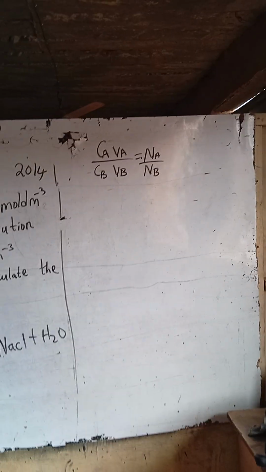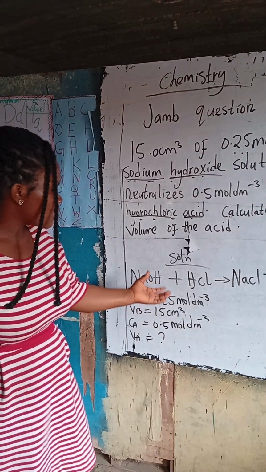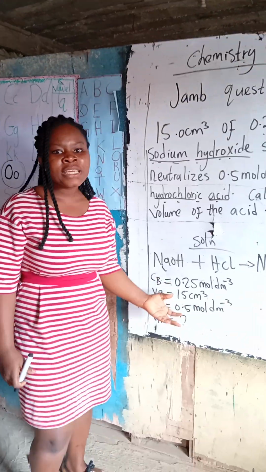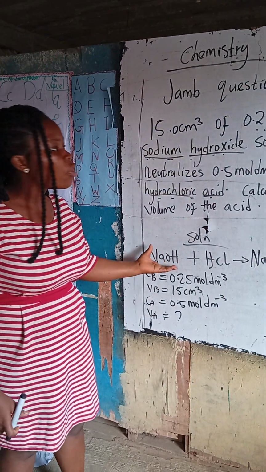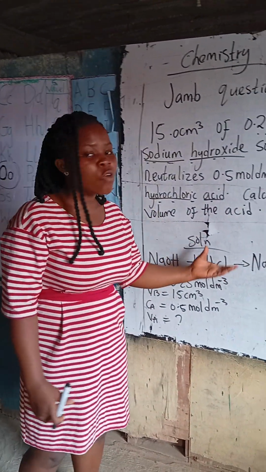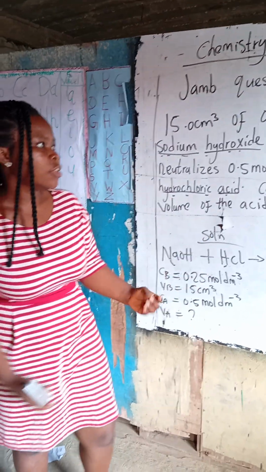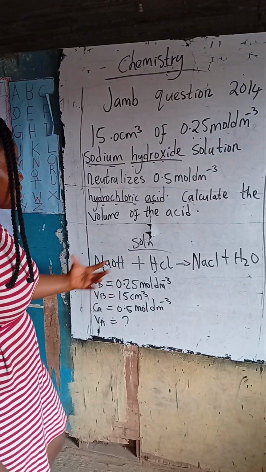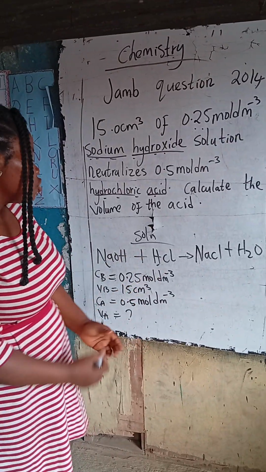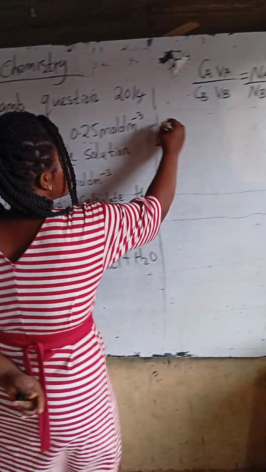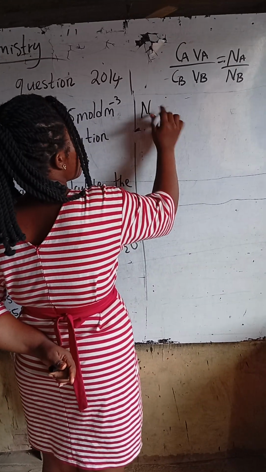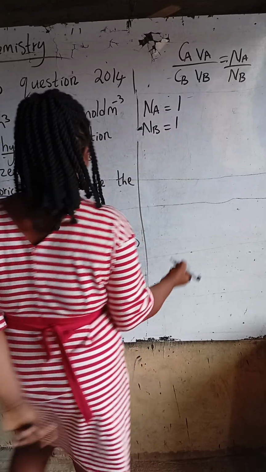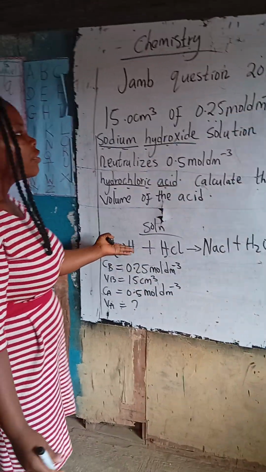Now, mind you, the sodium hydroxide reacted with the hydrochloric acid with an equal mole, meaning that the same mole of sodium hydroxide reacted with equal mole of your hydrochloric acid. So looking at this, we have 1 mole of sodium hydroxide reacting with 1 mole of hydrochloric acid. So the number of moles of acid is equal to 1. Number of moles of base equals 1 from our balanced chemical equation.